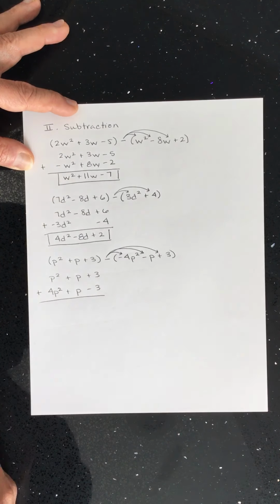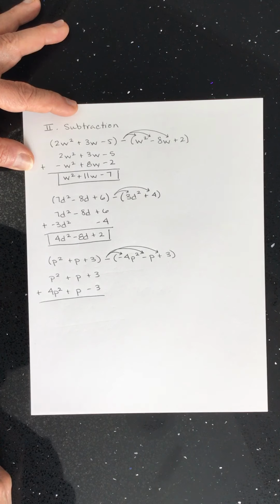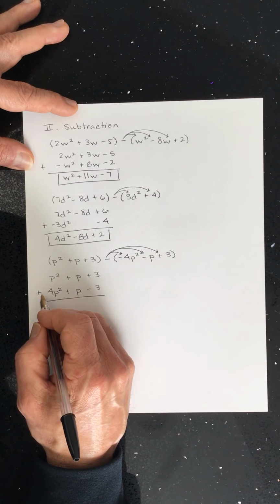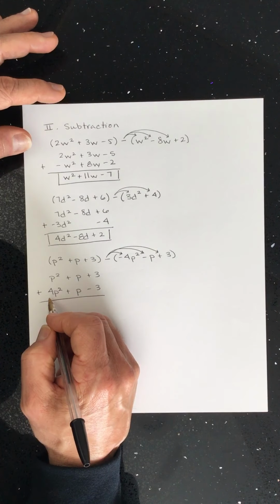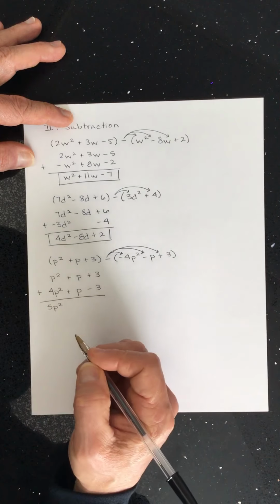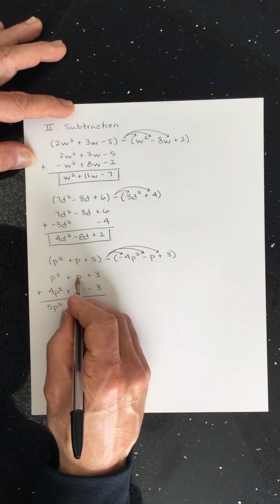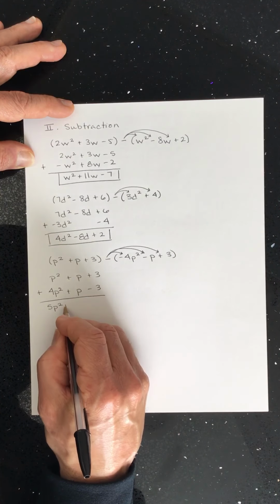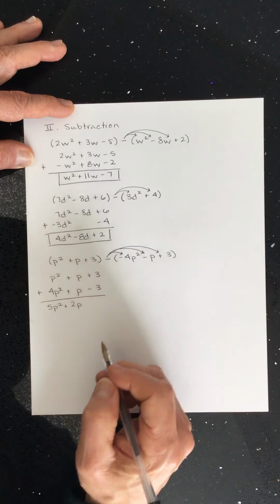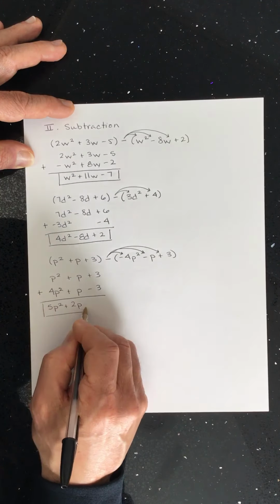P squared plus 4p squared is 5p squared. P plus p is 2p, and then 3 plus negative 3 is 0. So there you go. That's it.